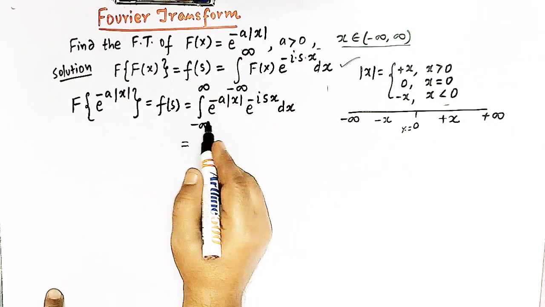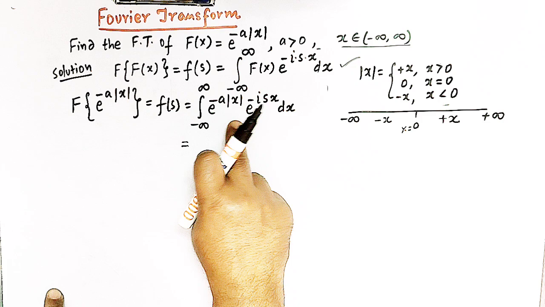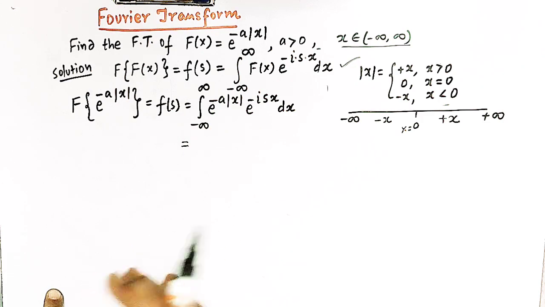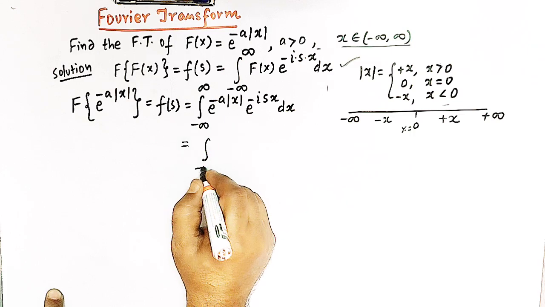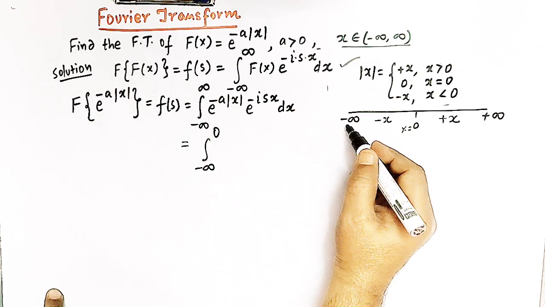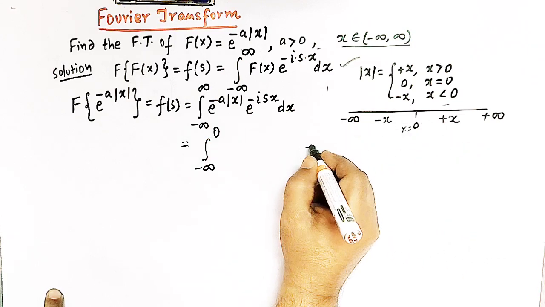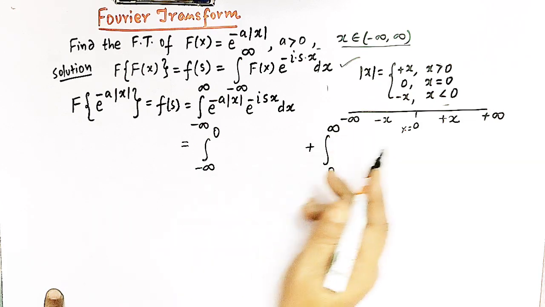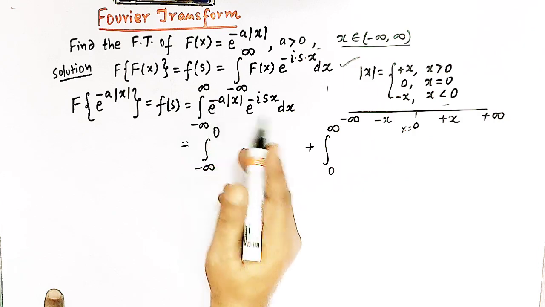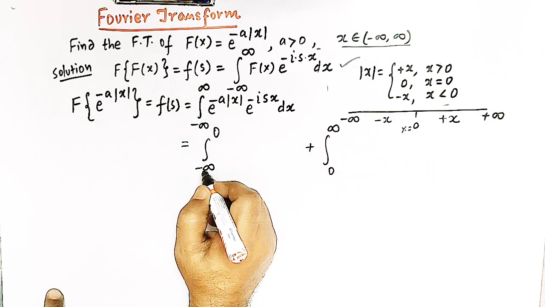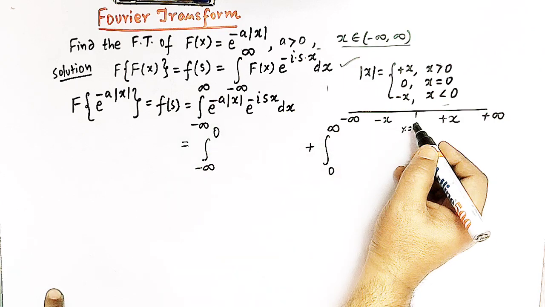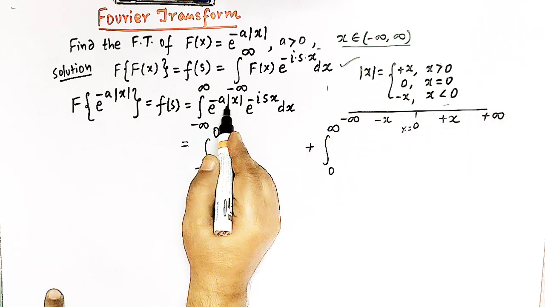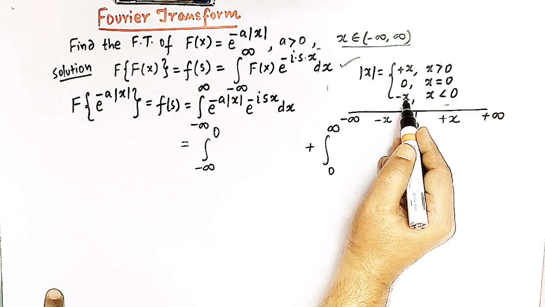So here what we will do is split this integral into the sum of two integrals. The first one is from minus infinity to 0, and then we have 0 to infinity, right? So splitting this integral into two integrals, when we go from minus infinity to 0, all the values of x are less than 0, so mod of x can be replaced by minus x.